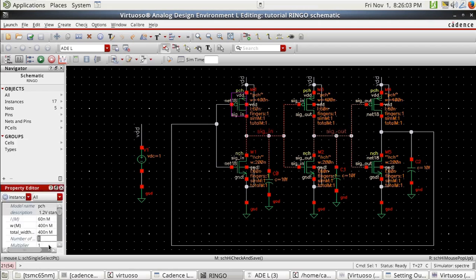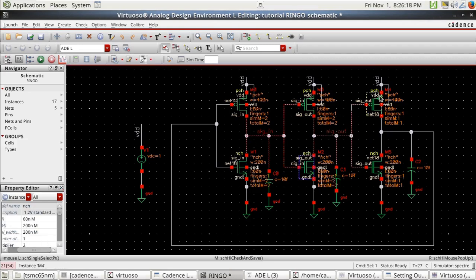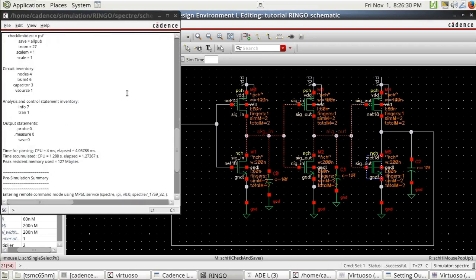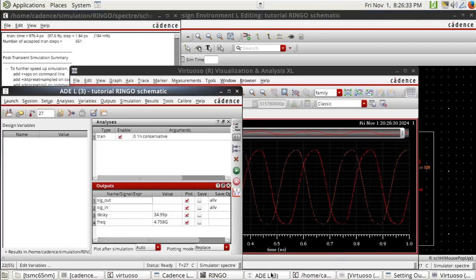So let's go to the multiplier, 2 multiplier. Okay, the frequency is 4.7, which is nearly double.